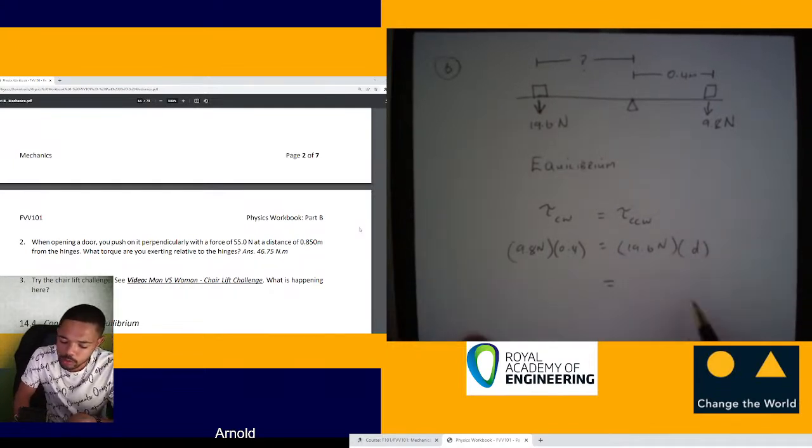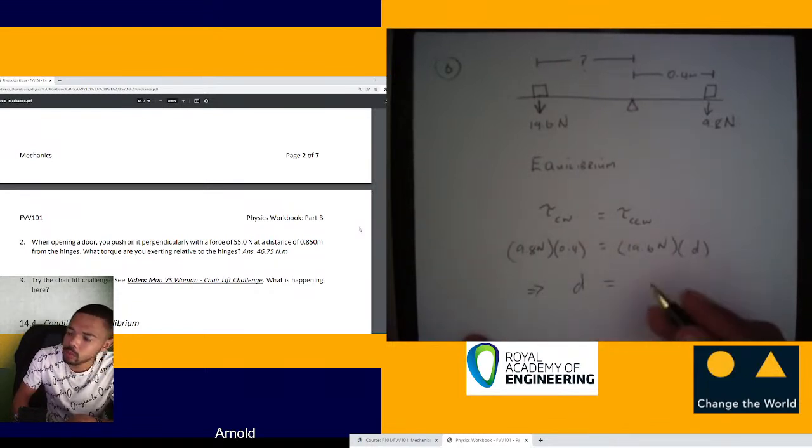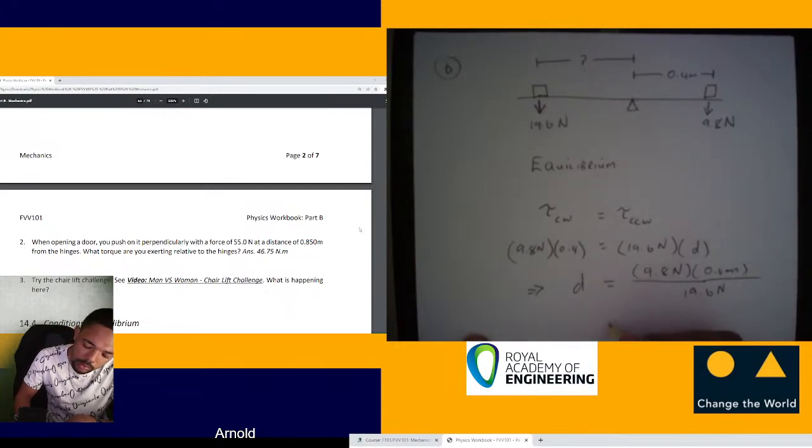Now let's solve for d. d will then be equal to 9.8 newtons multiplied by 0.4 meters divided by 19.6 newtons. That distance will then be 0.2 meters.